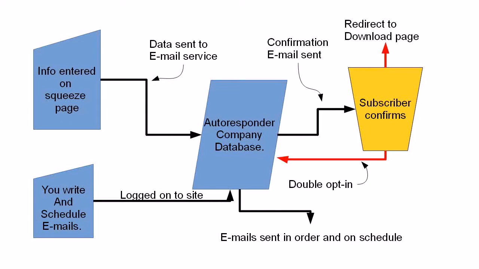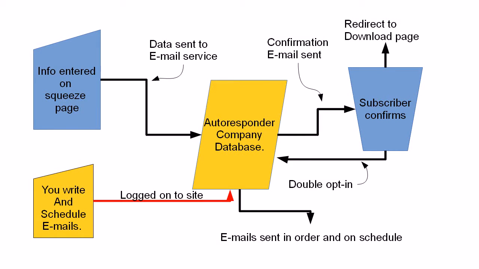This is known as double opt-in, and then it's noted on the company's database that this subscriber has confirmed and has given their consent to receive emails from you. And then emails are sent out in order and on schedule.